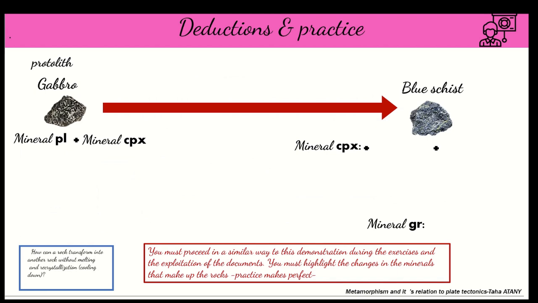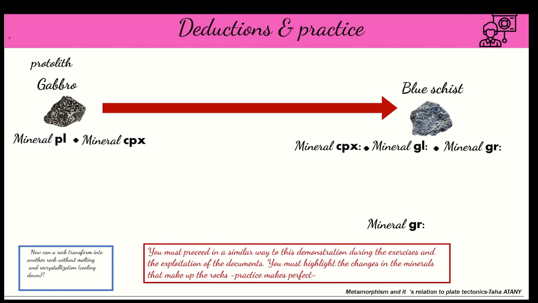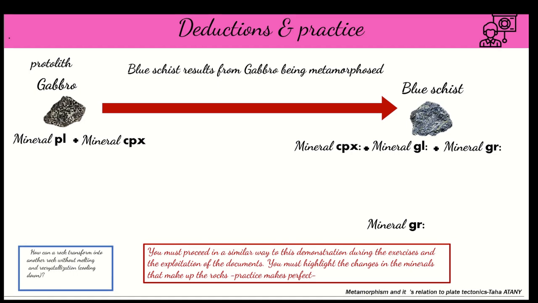Gabbro was the protolith, and due to an increase of temperature or pressure or both at the same time, we don't know for now, one of the minerals changed, and as a consequence we have glaucophane and garnet forming. So blue schist results from gabbro being metamorphosed. So the protolith is gabbro, and it turns into blue schist.